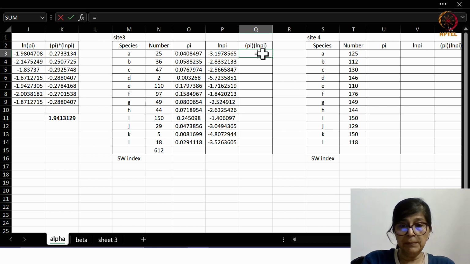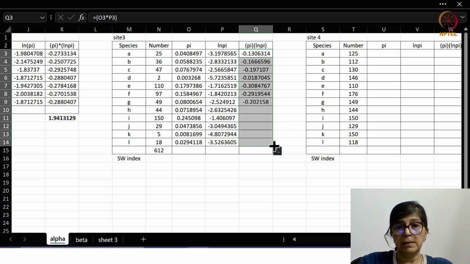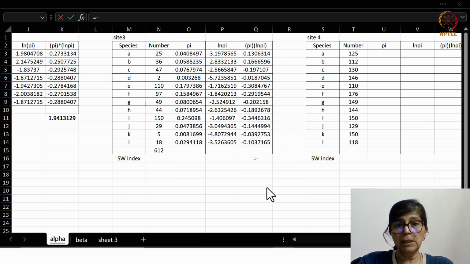Now you should also keep doing simultaneously. So now we will do the multiplication of this times this. Okay. Now let's see the summation.